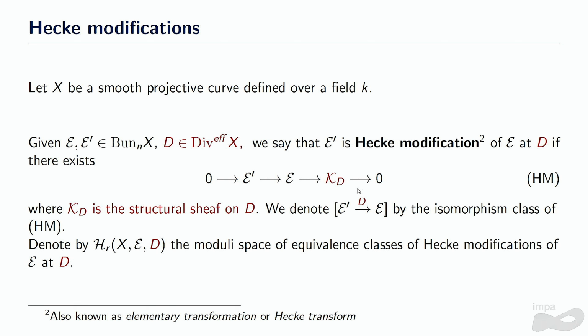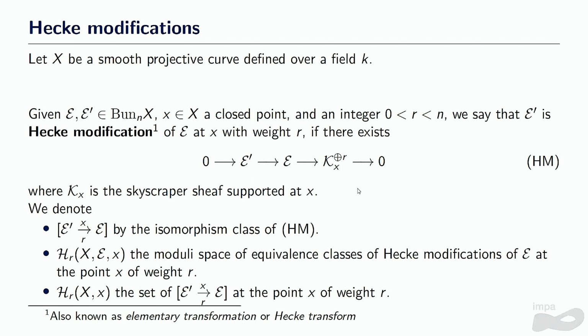And the multiplicity corresponds to the rank of the term on the right, or not? The multiplicity of the point in D will be the R which appears here. Thank you. In this slide, D is just R times x.